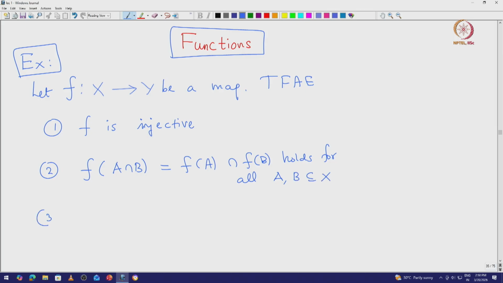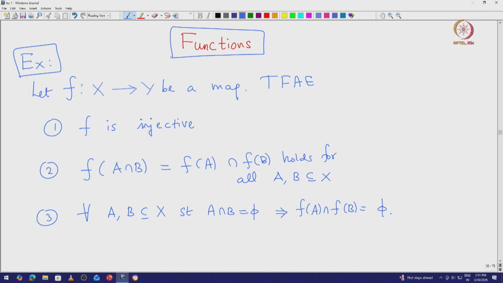The third condition is that whenever you have A intersection B empty, then look at its images F of A and F of B, their intersection also should be empty. So, for all pairs A, B subsets of X such that A intersection B is empty, we get F of A intersection F of B is again empty.